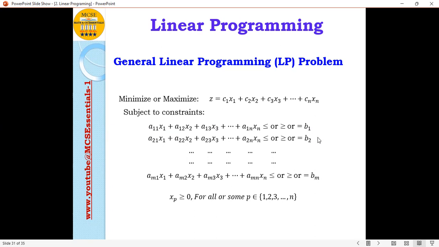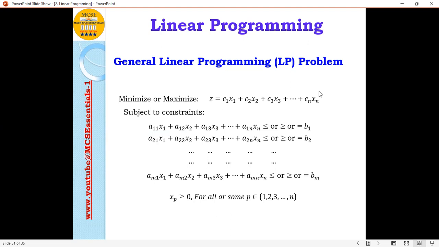In addition to these constraints, we may also be informed that some of the variables are non-negative. They satisfy the non-negativity condition, but some variables may have no information in the model, and there are actually techniques which can handle such problems in which there is no information of positivity or non-negativity of the decision variables.